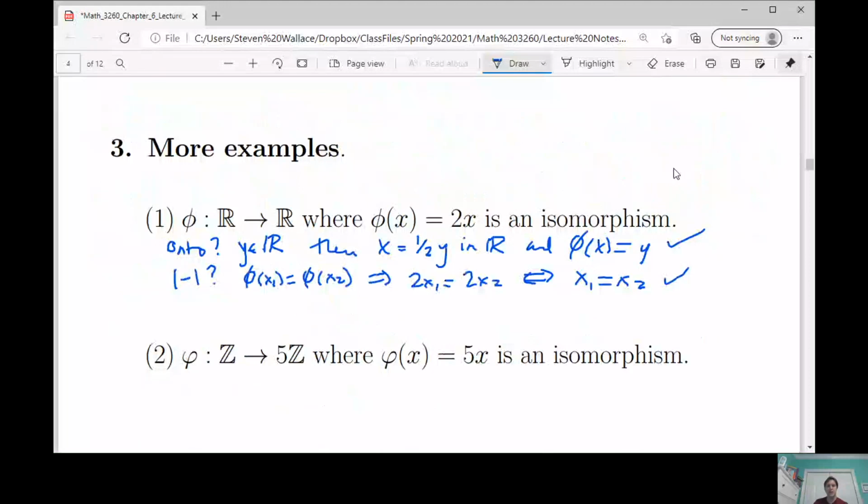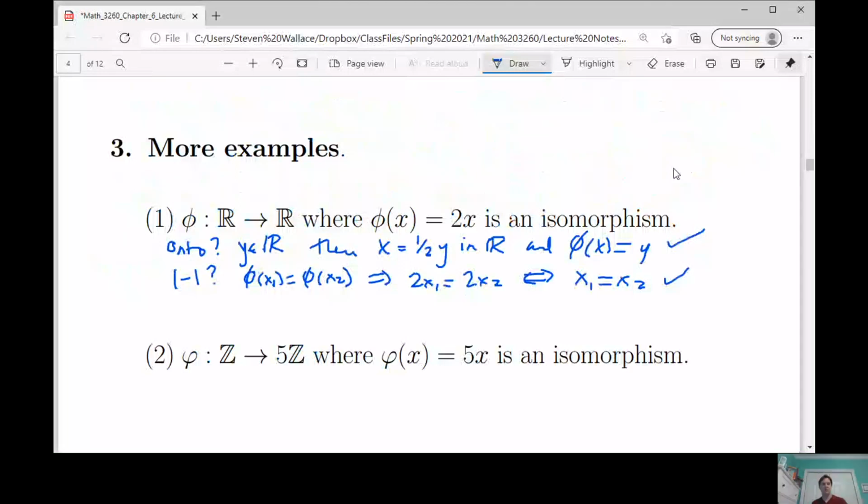Well defined, definitely. Okay. Can't really think of representing two numbers here in R. I mean, I guess you could use fractions for rational numbers and decimals, but multiplying it by 2 is still a well-defined map.